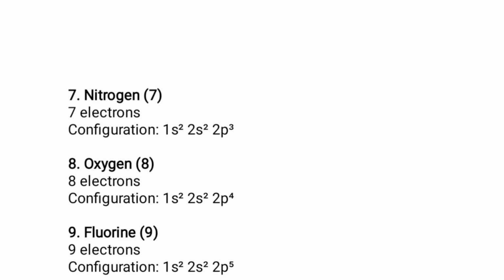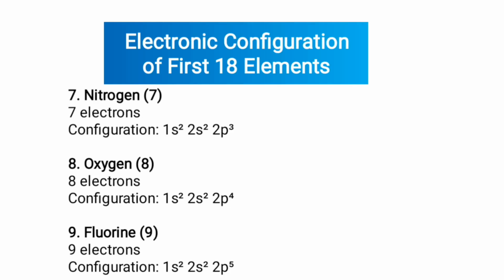Now the seventh one is nitrogen, which has 7 electrons and the configuration is 1s2, 2s2, 2p3. And the eighth one is oxygen, which has 8 electrons and its configuration is 1s2, 2s2, 2p4.